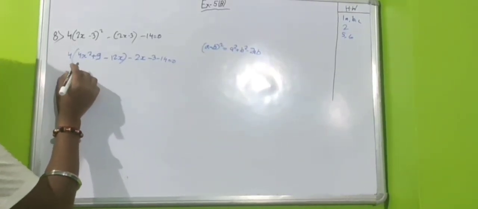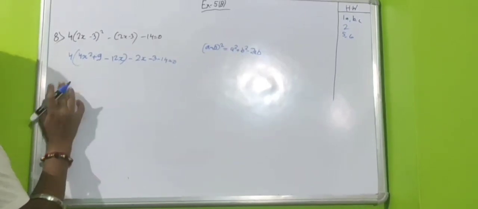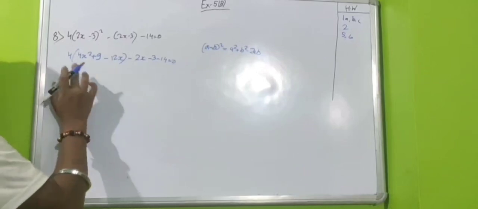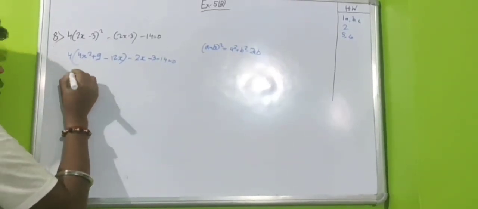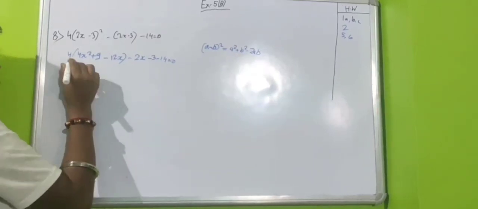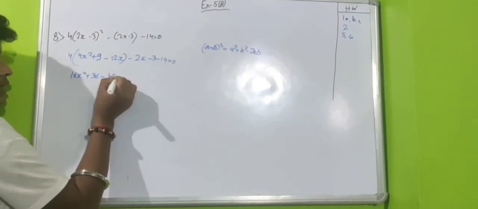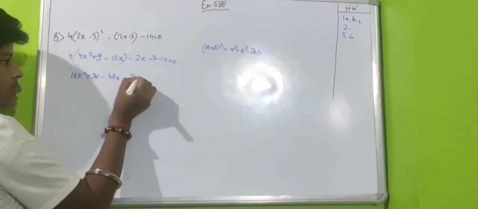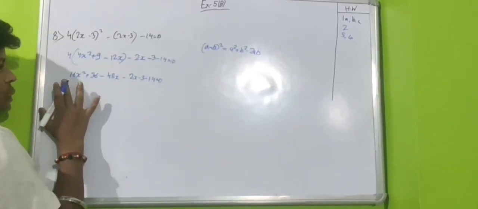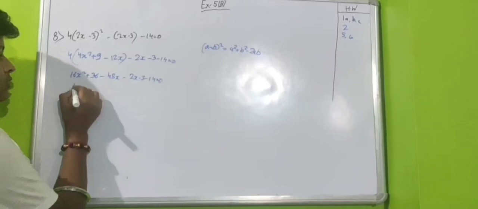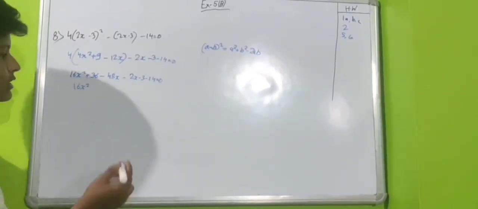Multiply 4 with this equation. Now multiply 4 with these terms. 4 fours are 16x square plus 9 fours are 36 minus 48x minus 2x minus 3 minus 14 is equal to 0. 16x square, variables one side and constants one side.